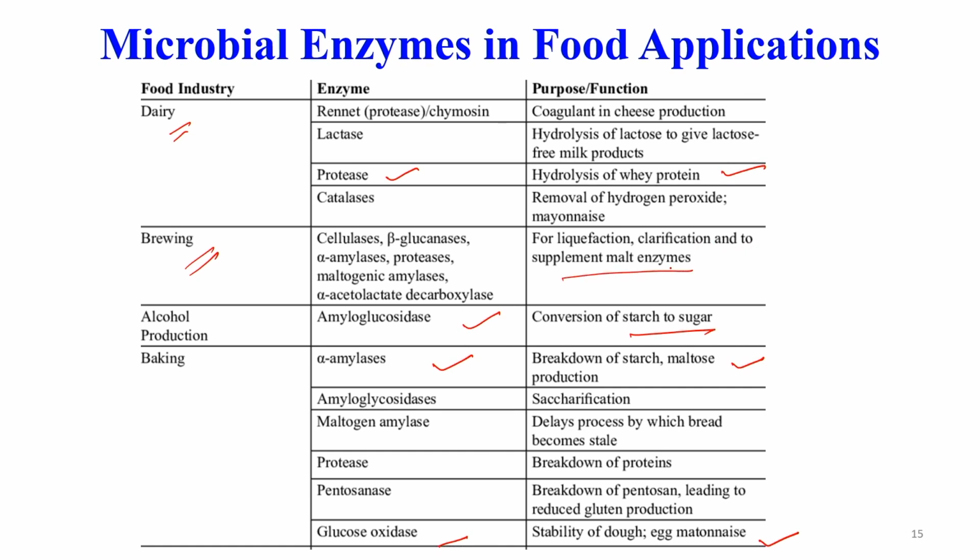When we are using the malt, that is a starch. That starch needs to be first converted to sugar before going for the fermentation. For alcohol production, we are using amyloglucosidase, a conversion of starch to sugar, and this sugar will go for the alcohol. Similarly in the baking industry, I have listed just a few, there is a long list.